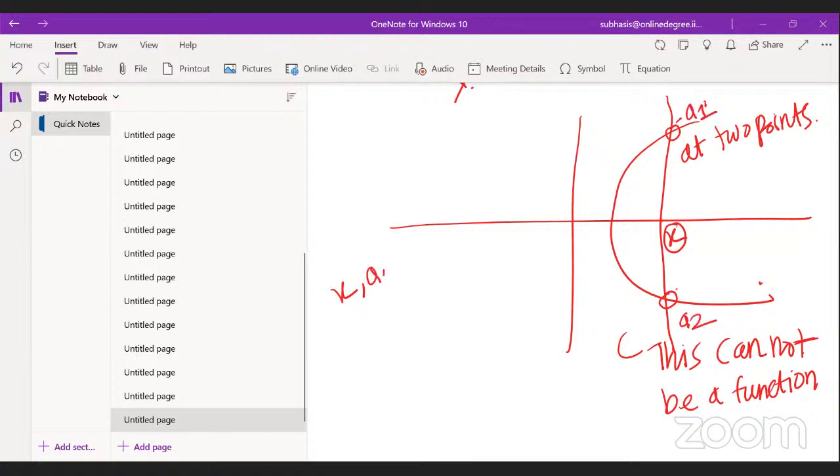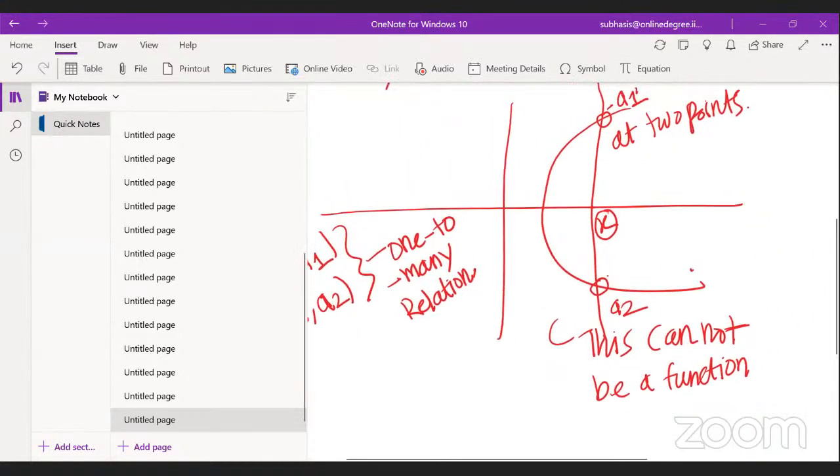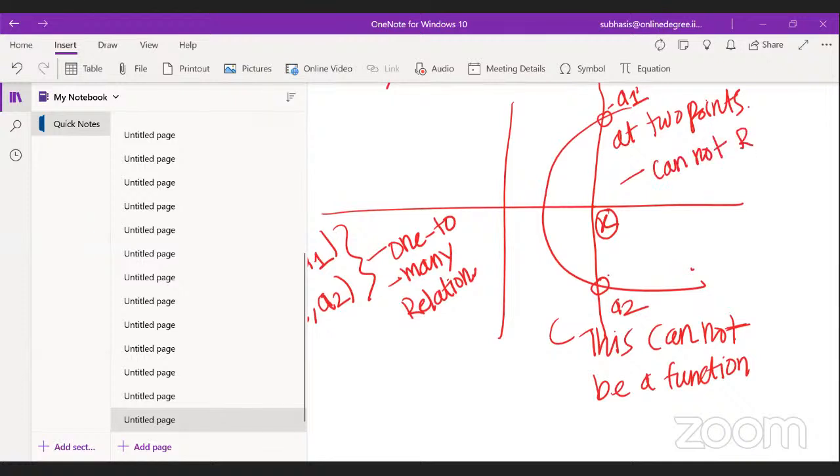So you are getting x to a1, and also x to a2. So this is basically a one to many relation. That is why this graph cannot represent a function.